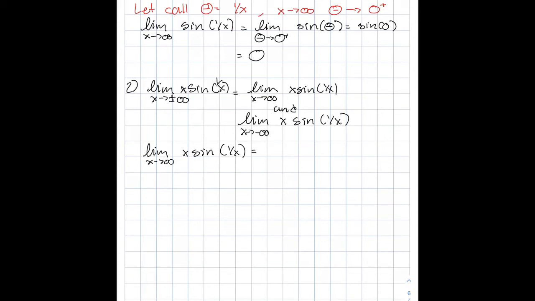So first, let's do the limit as x goes to positive infinity. Well, that's the limit as x goes to infinity of x times the limit as x goes to infinity of sine of 1 over x.